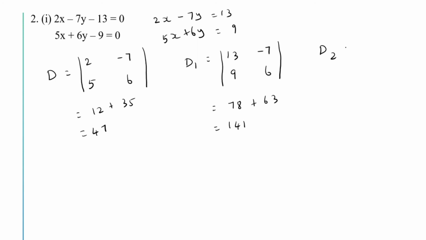Then D2 is, in place of the coefficient of y terms in D, we have to write the constant terms. So this is equal to 18 minus 65, or it is equal to minus 47.